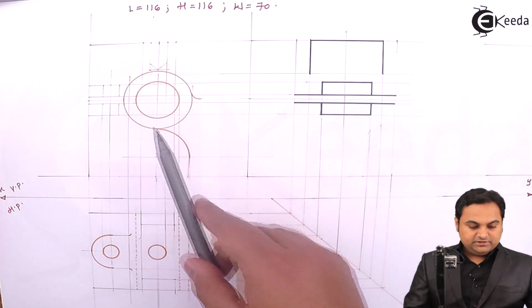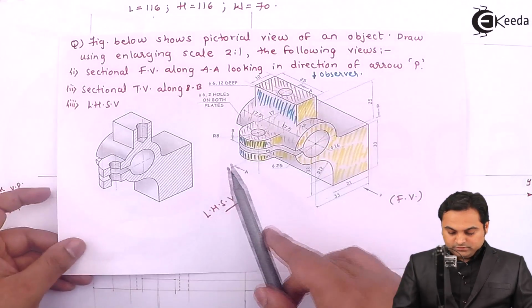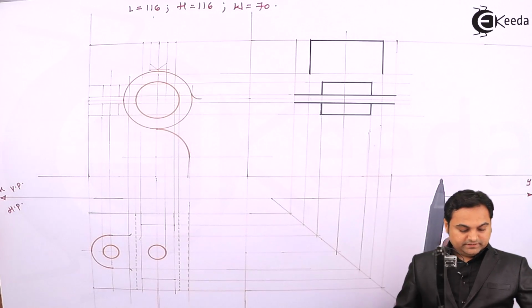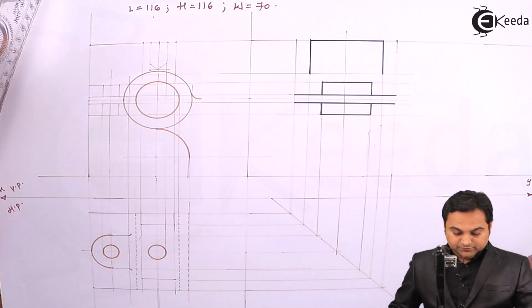Then projecting this cylinder, because from the side the cylinder is also seen, so it will be seen as a rectangle, getting its height from the front view.